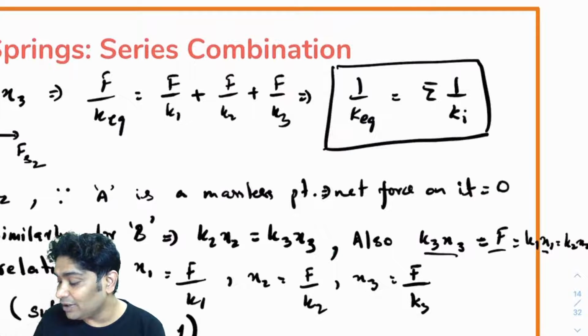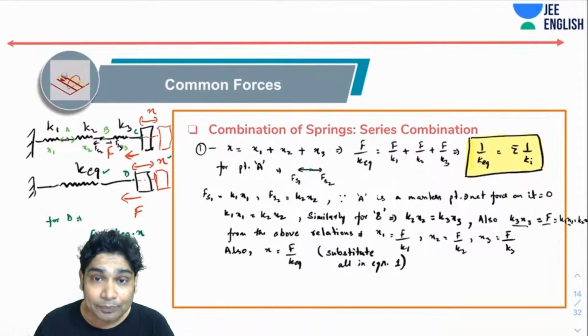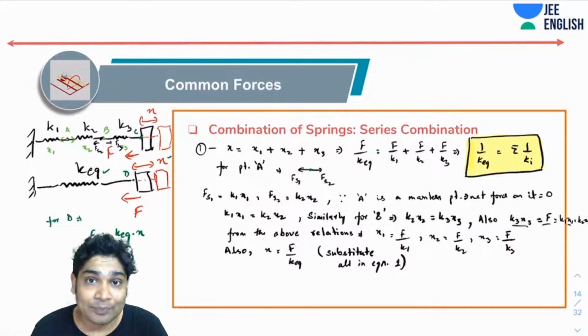This is what you need to remember. In series combination of springs, you are getting the formula which was the parallel combination formula for resistors. This is the derivation of this. So please go through it and let me know if there is some part of this that you do not understand.